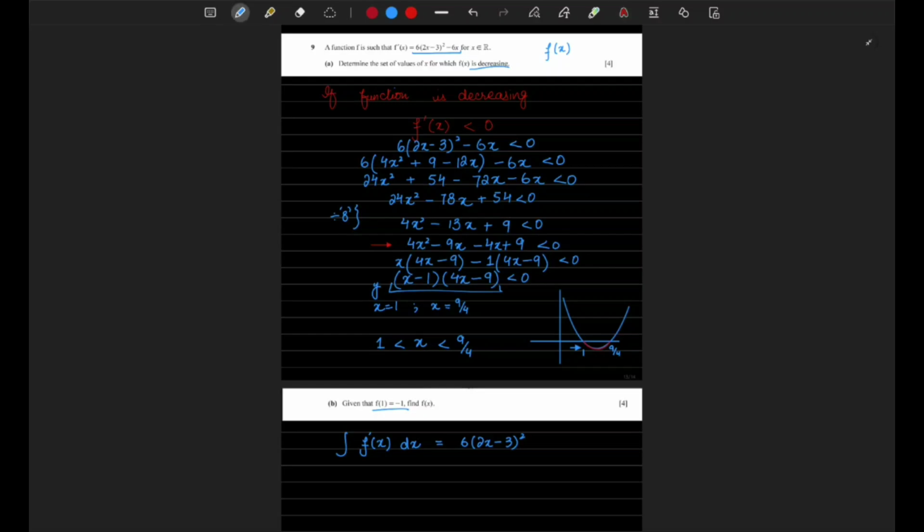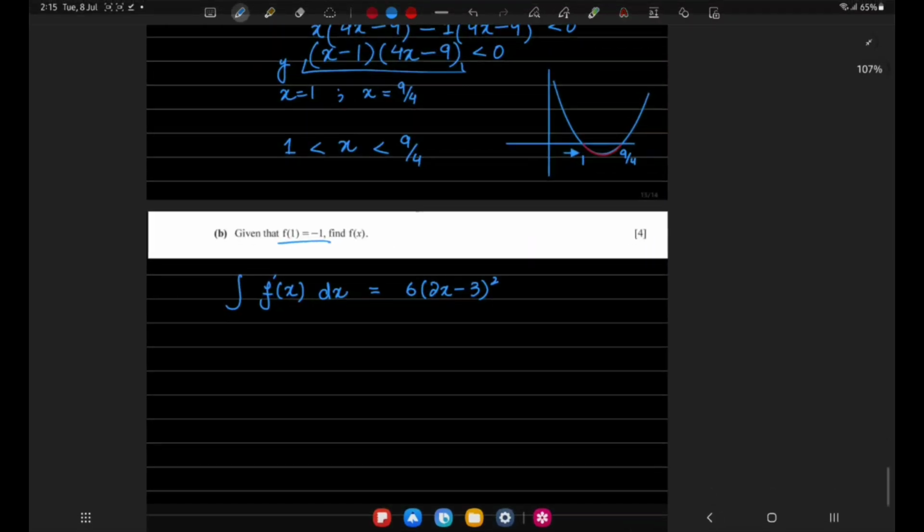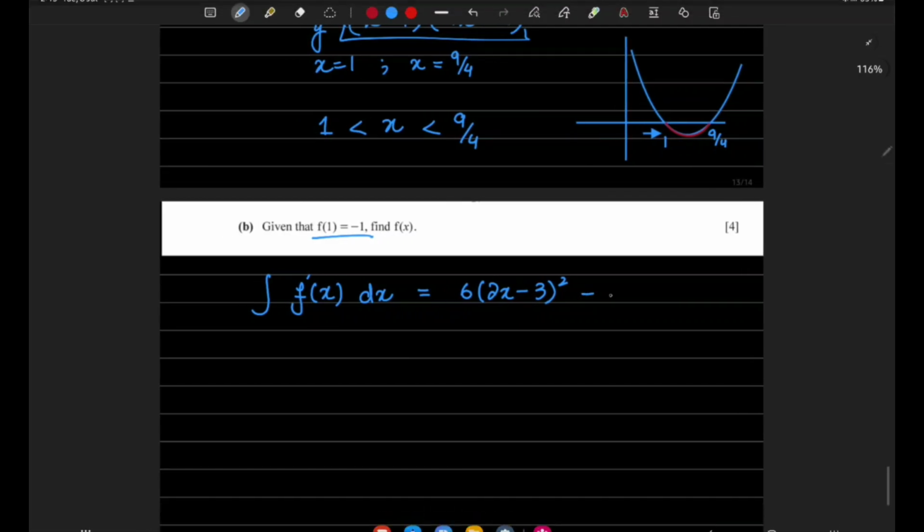So I'm using the original version, minus 6x, dx. It will become f of x equals, because the derivative cancels with the integral and we are left with the function.